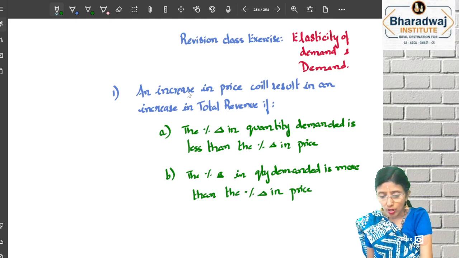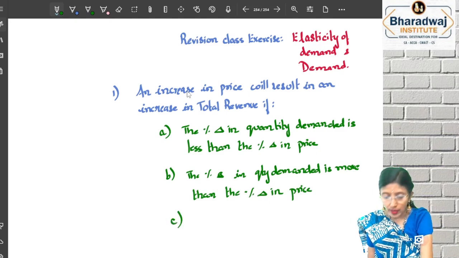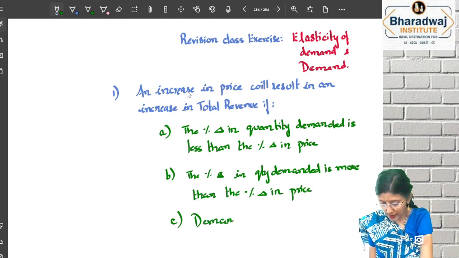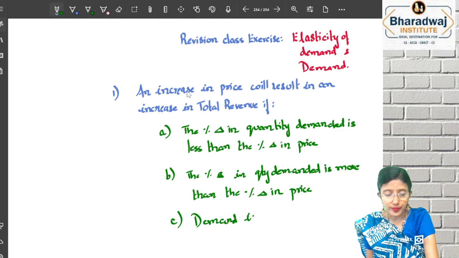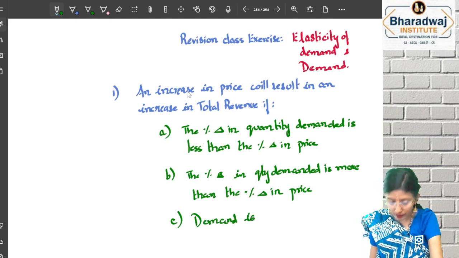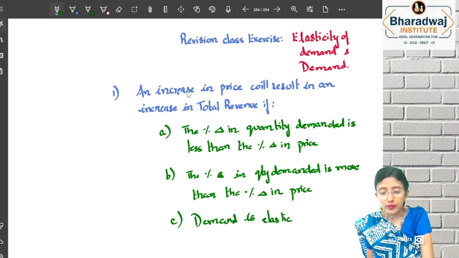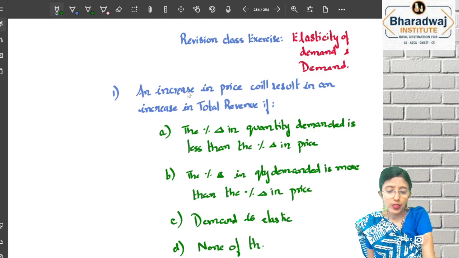Option C is demand is elastic. Fourth one is none of the above.